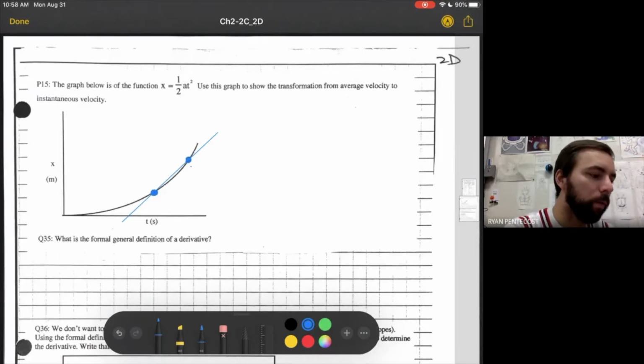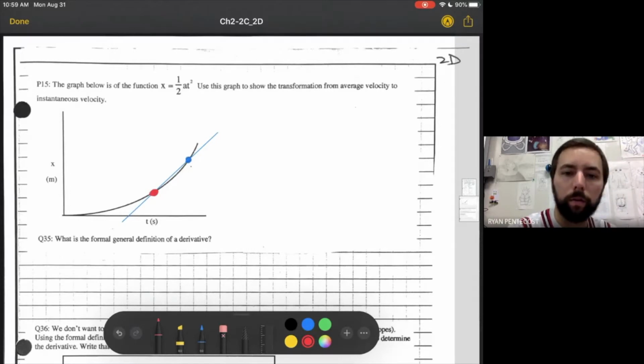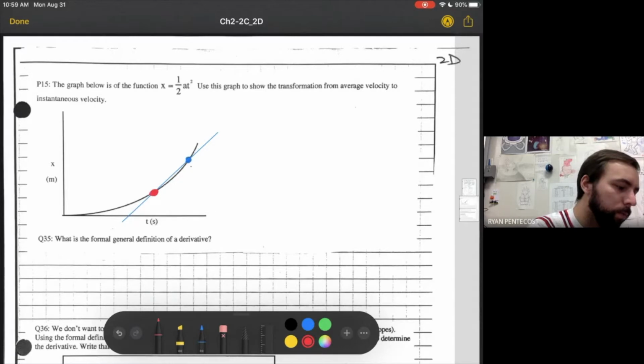However, we want to find instantaneous velocity. Say we want instantaneous velocity at this point. So what we would need to do is take this secant line and move it ever so closer to this other point.